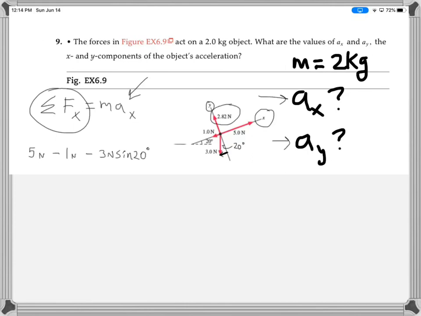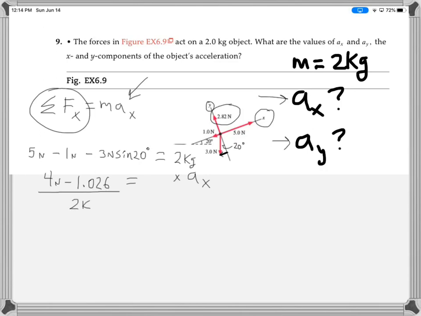The force that points straight on the y-axis, the 2.82 newtons, that one doesn't have an x component, so that one is not going to be included. And the sum of the x components is equal to the mass, 2 kilograms, times the acceleration in the x direction. So 5 minus 1 is 4, and 3 newtons times the sine of 20 degrees is 1.026.